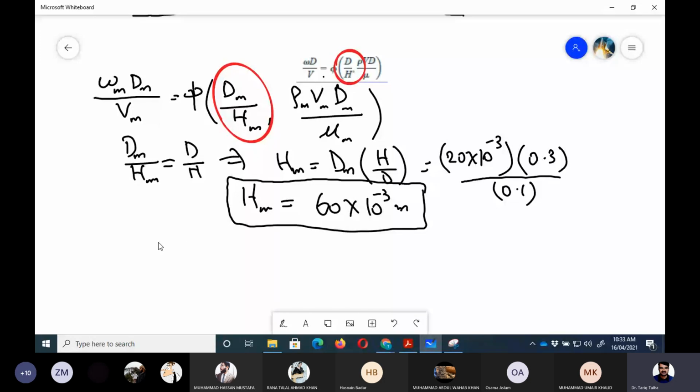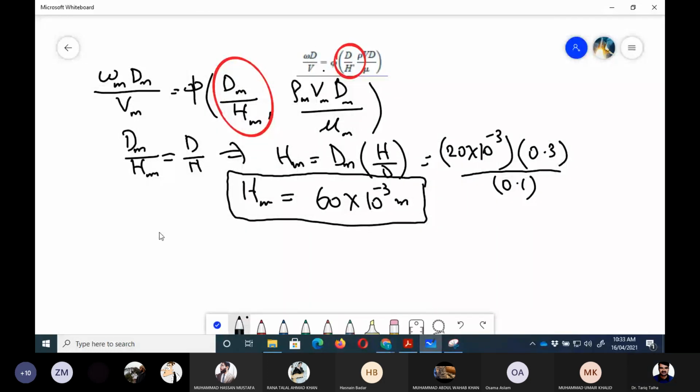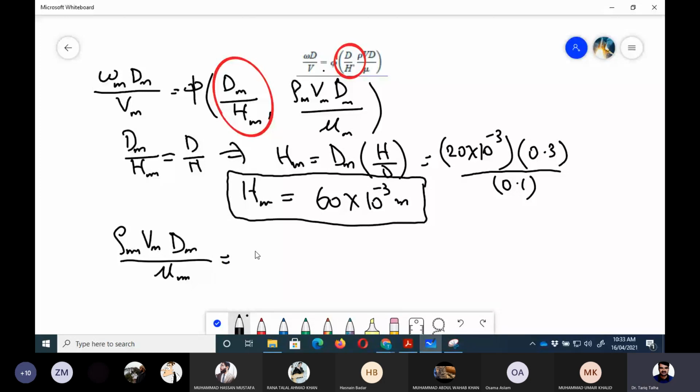So if I write the dynamic similarity for this, that would be equal to ρ_m V_m d_m upon μ_m, that would be equal to ρ V d upon μ, right?